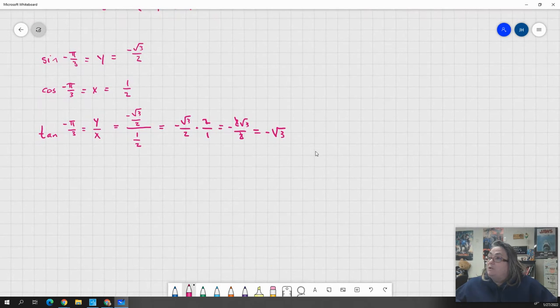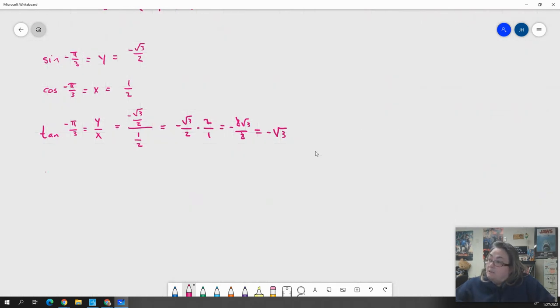When I go to do the cosecant of negative pi over 3, we could say that that is just 1 over sine, or we could say that it is 1 over y. But ultimately, what we are saying is that it's going to be 1 over negative radical 3 over 2.